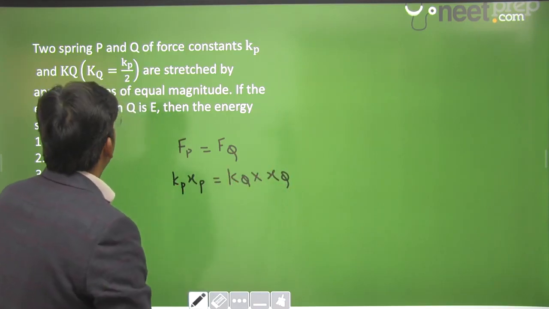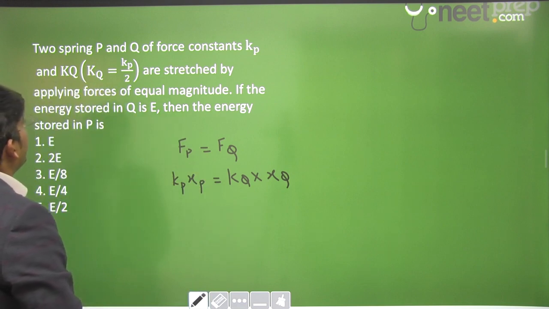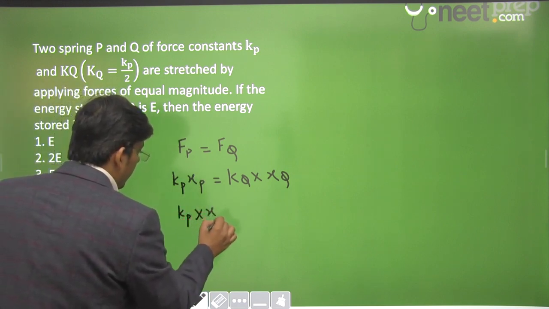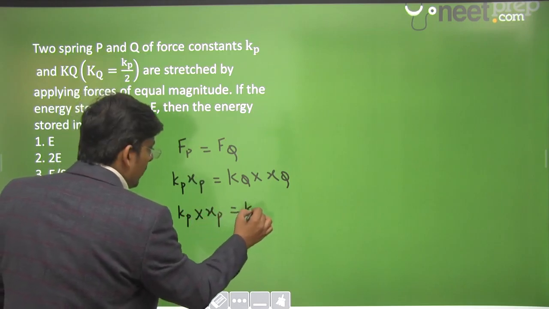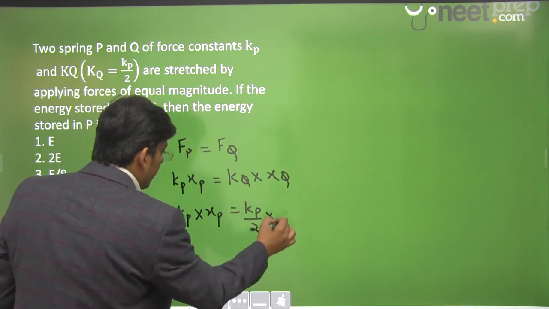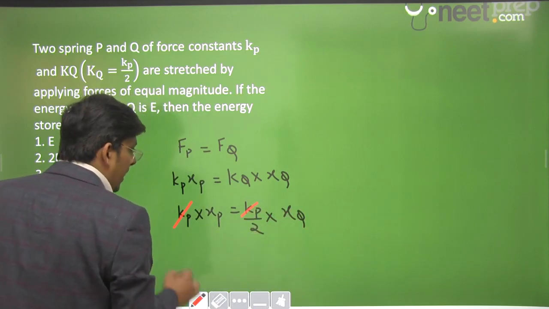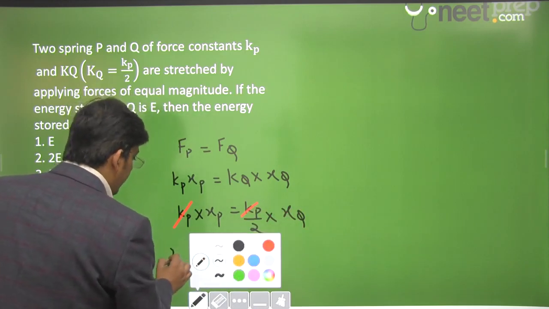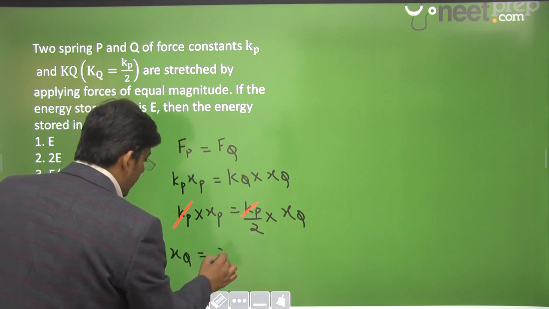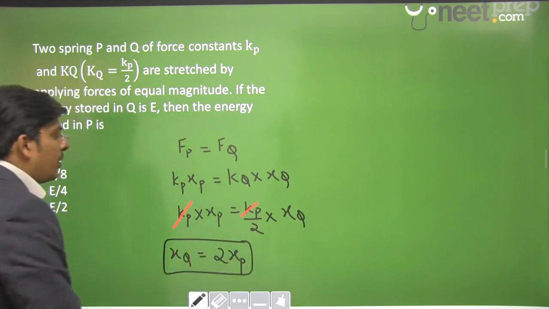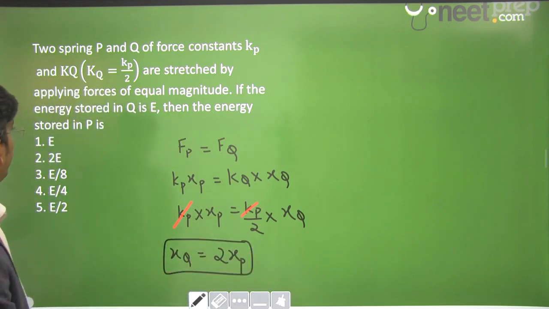Do we have the relation between Kp and Kq? Yes. Kq is actually Kp divided by 2, right? Into Xq. Now Kp is going to cancel, so we get Xq as 2 times of Xp, right?